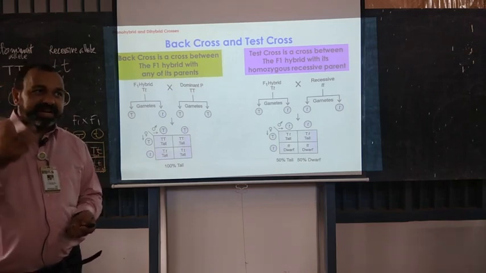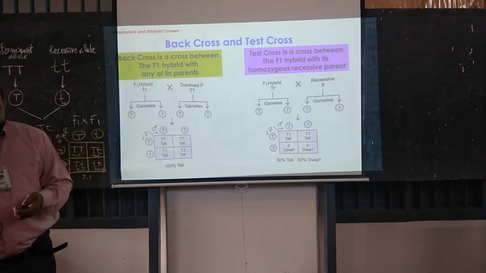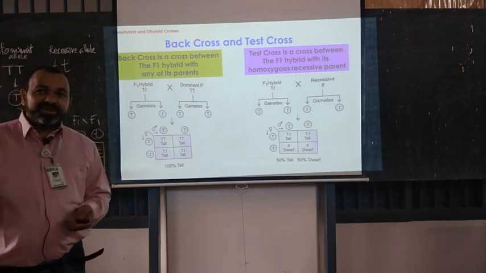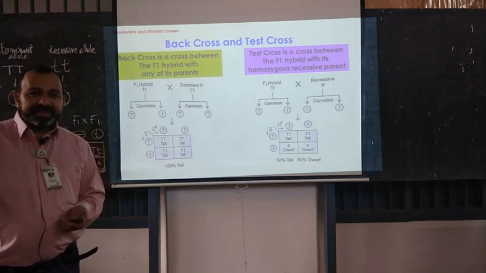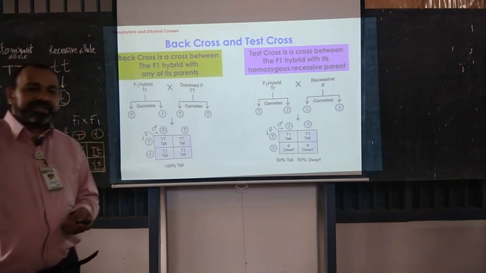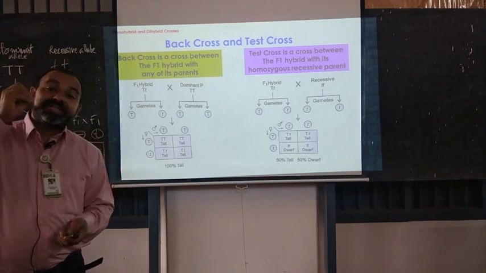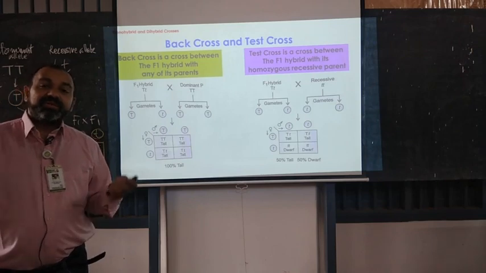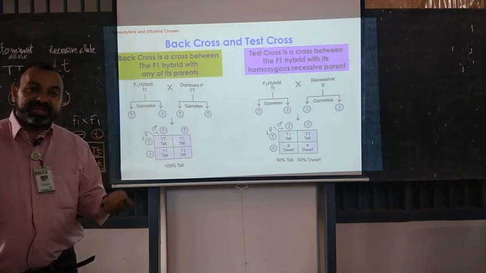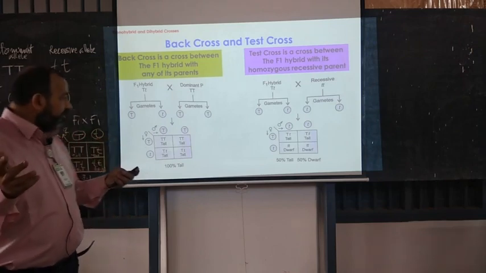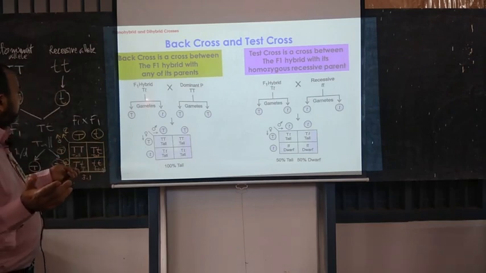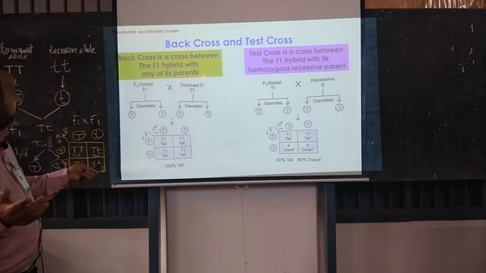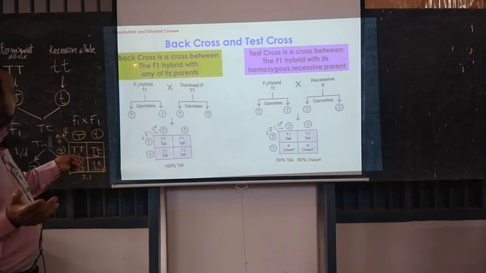Okay, and what is a backcross and a test cross? Again, it's a technical concept in genetics. A backcross is a cross between the F1 offspring and any of its parents, whether it is homozygous recessive, heterozygous or homozygous dominant, whatever it may be. So if the F1 is crossed with any of its parents, then it is a backcross.